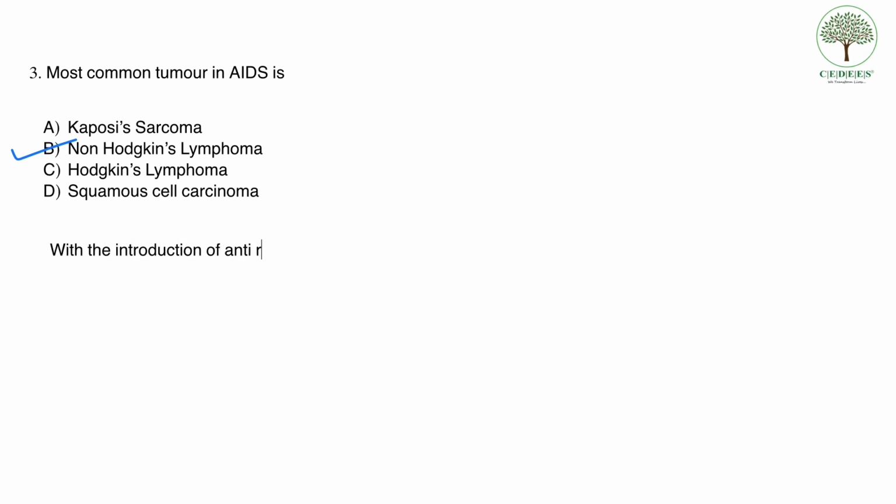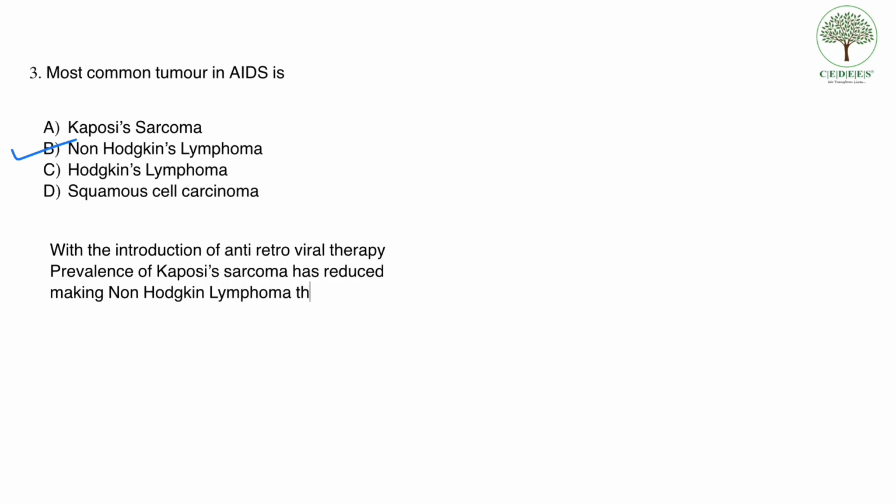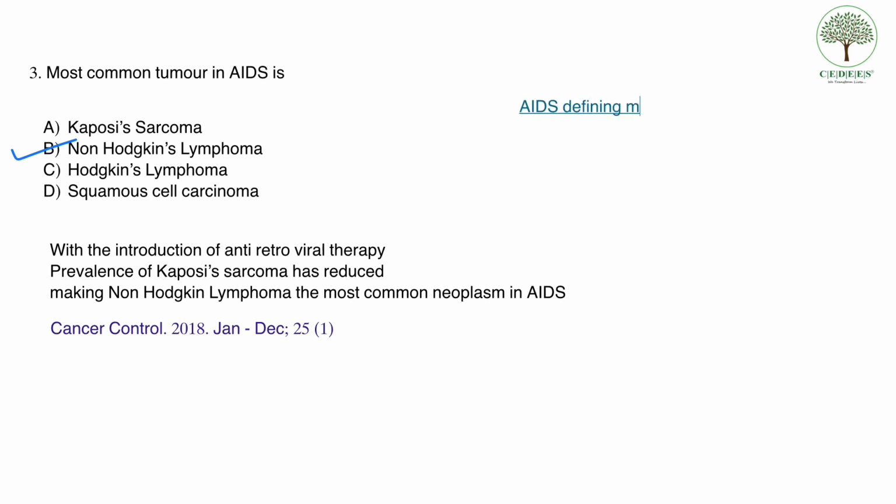With the introduction of antiretroviral therapy, it was noted that the prevalence of Kaposi's sarcoma reduced substantially, making non-Hodgkin's lymphoma the most common neoplasm in AIDS. Notwithstanding that, Kaposi's, non-Hodgkin's, and cervical cancers are three cancers which are known as AIDS-defining malignancies. So you will have to choose your answer according to the options given.